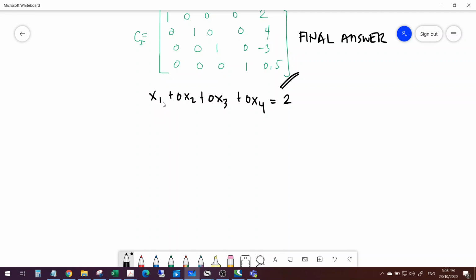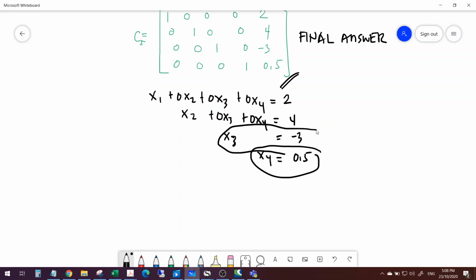Okay, then 0 x1 plus x2 plus 0 x3 plus 0 x4 is equal to 4. So I think you now understand why I will not rewrite x1 here and x2 here. So x3 is equal to -3, while here x4 is equal to 0.5. So those are our answers. x3 is -3, x2 is 4, while x1 is 2.